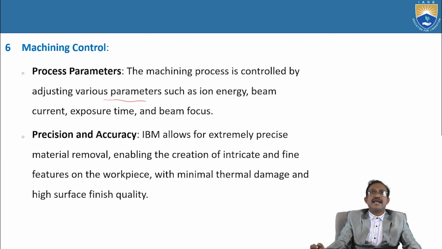Next, precision and accuracy. Ion beam machining allows for extremely precise material removal, enabling the creation of intricate and fine features on the workpiece with minimal thermal damage and high surface finish quality.